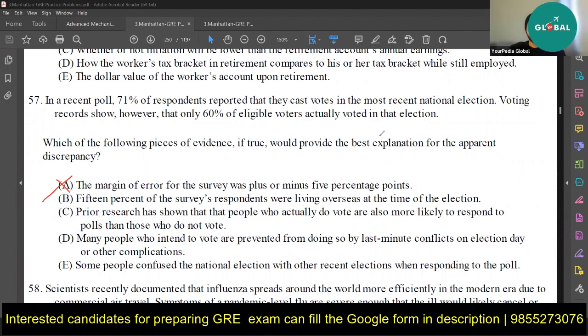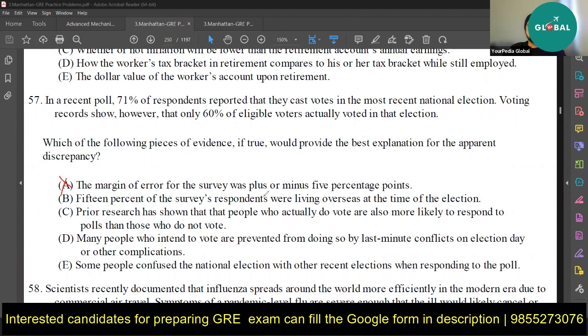If we assume the sample size is the same for both the polls as well as the election voting records, if the margin is 5%, then it should be 66%, not 60%. That's why this is incorrect. Even if we assume the margin is 5 or 6%, the minimum difference would be 66% and 60%. So this cannot be the correct answer.